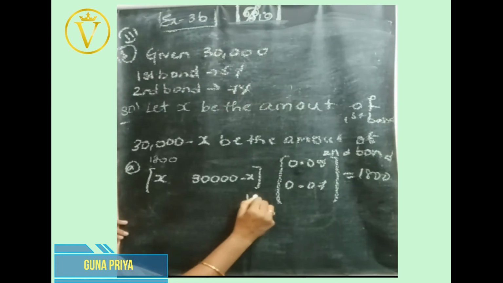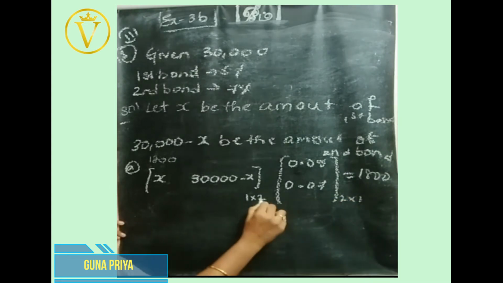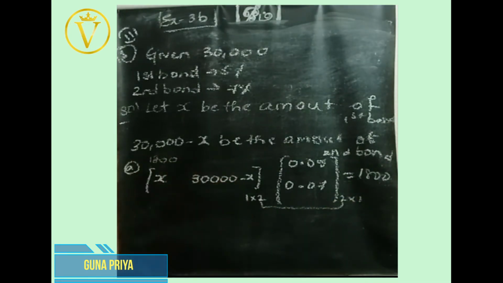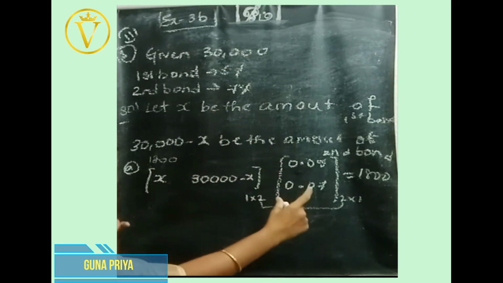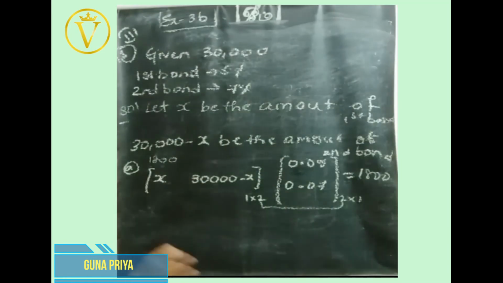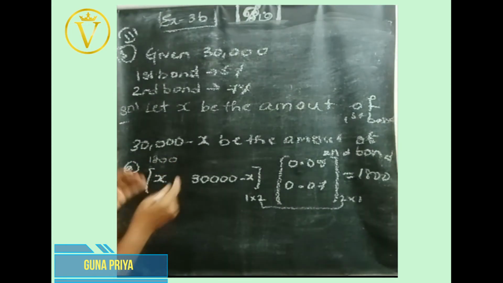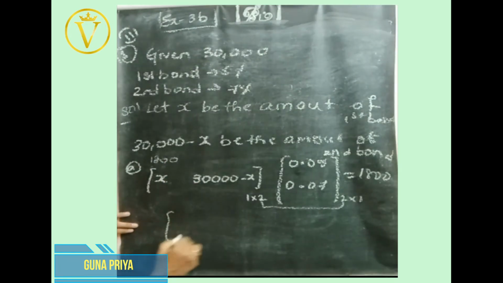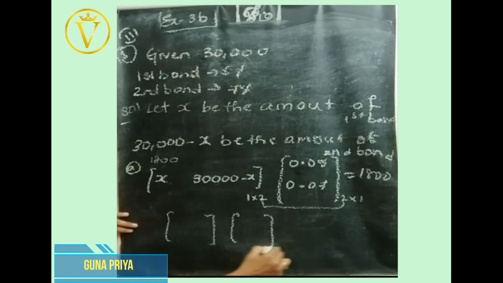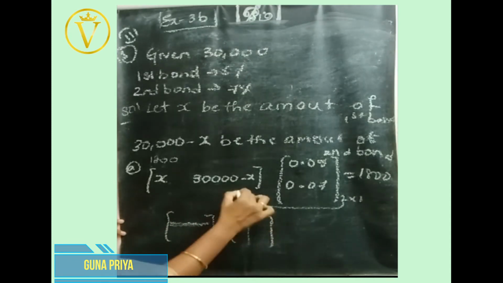So here the order is the same, 1 by 2 and here 2 by 1, so we can use matrices. You will get one doubt: why are we taking a row matrix here and a column matrix there? They have said in the question to do this problem by using matrix multiplication. While doing multiplication, we take the first matrix as a row and multiply it with the second matrix as a column.